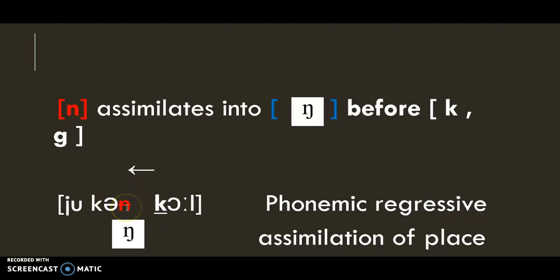If we compare the original sound and the one that takes its place, we will see that n is voiced, ŋ is voiced, so we are not changing the voice in the sound, but n is alveolar, ŋ is velar, so this is a case of assimilation of place.